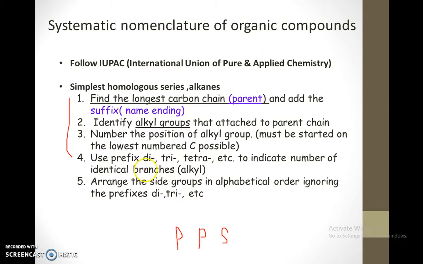The prefixes di, tri, tetra, and so on indicate the number of identical branches. The last step is to arrange the side groups in alphabetical order, and ignore the prefixes as I mentioned just now.